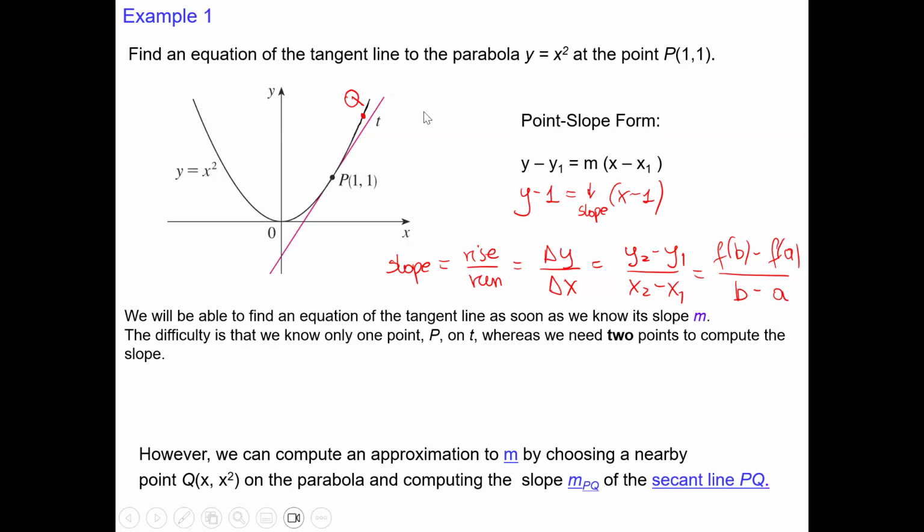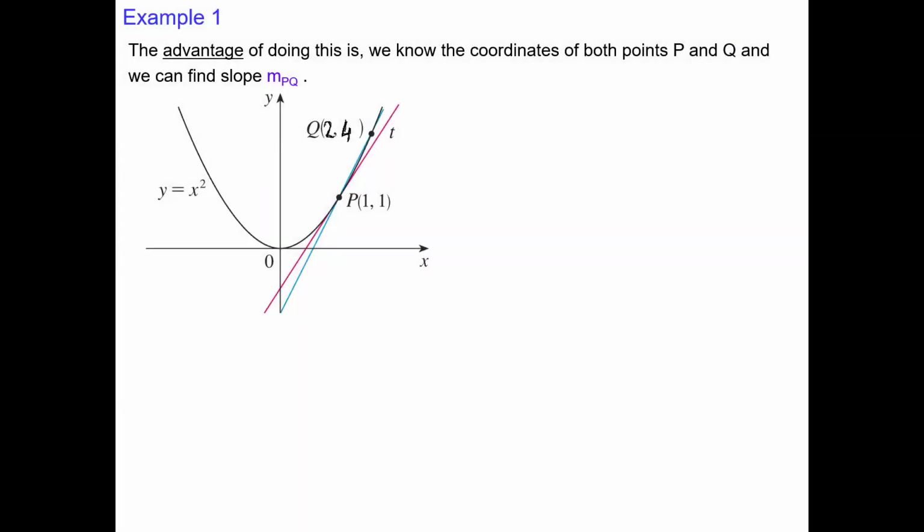I pick the point Q, which is this point, of course, the point of interest. And I pick 2 squared is 4. That's when I pick the point (2, 4).